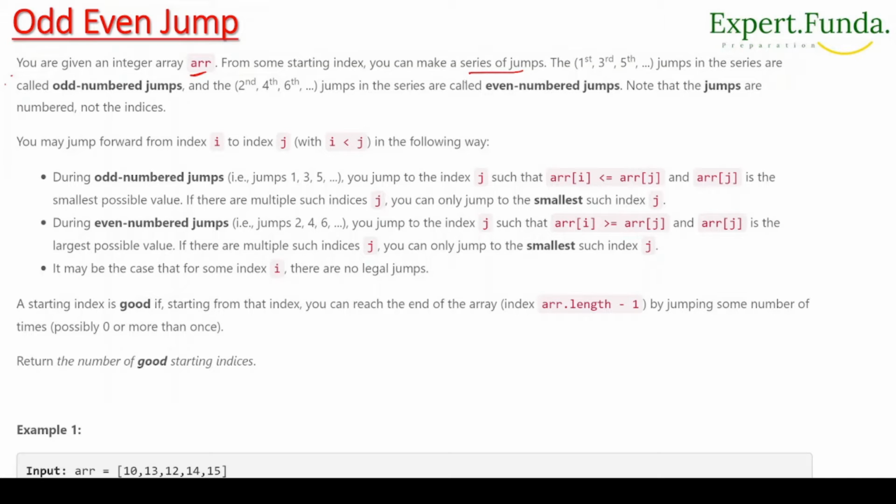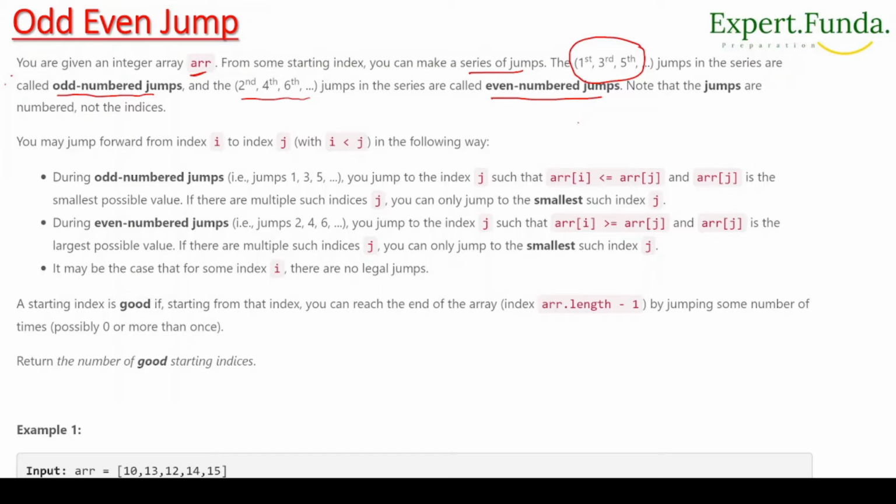The first, third and fifth jumps in the series are called odd number jumps, and the second, fourth and sixth jumps, and so on, are called even number jumps.